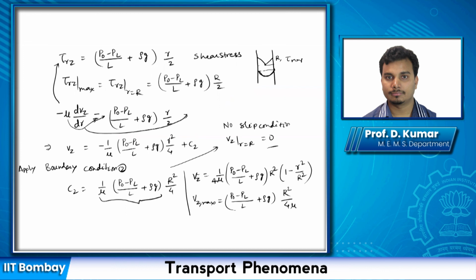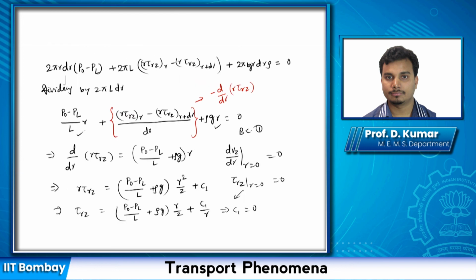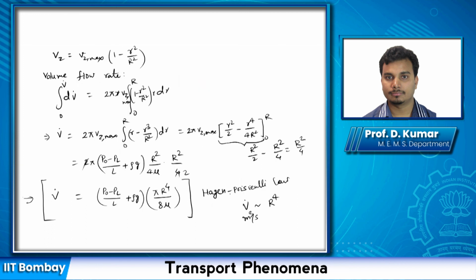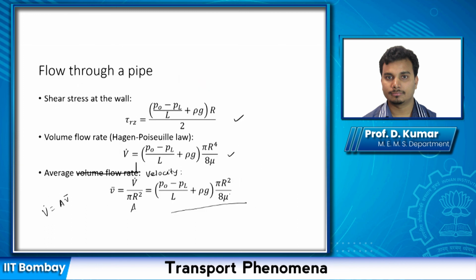We'll follow a similar method in most of the problems. You start with the basic equation, you make certain assumptions, and then you apply boundary conditions, here two boundary conditions to find the constants. So this is the method we'll follow in this course in general.